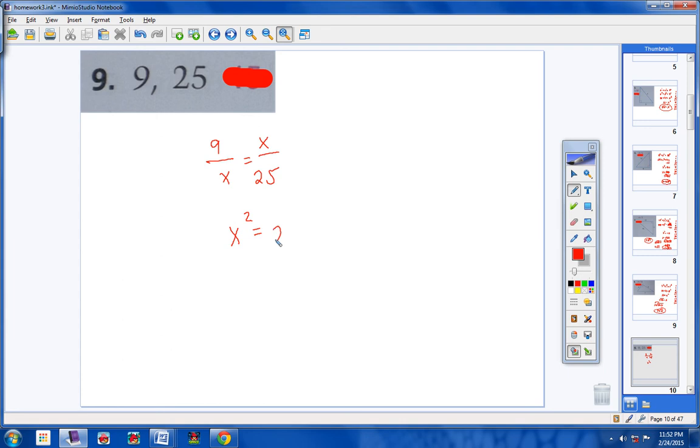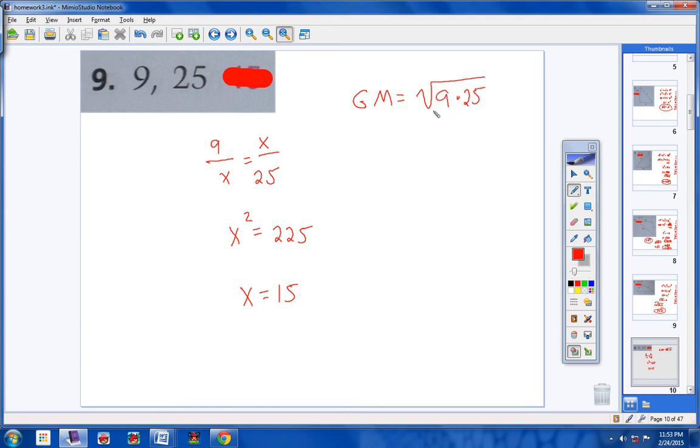Take the square root of both sides. The square root of x squared is x. The square root of 225 is 15. That's one way. There's a faster way though, guys. Whenever you're given two numbers and you're told to find the geometric mean, it equals the square root of those two numbers being multiplied together.